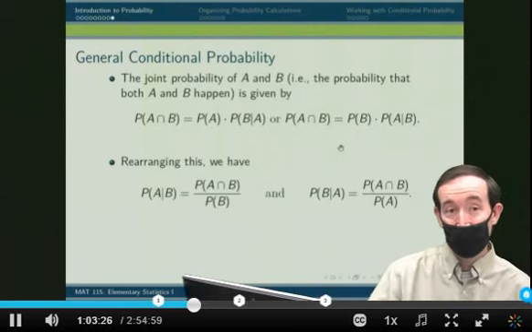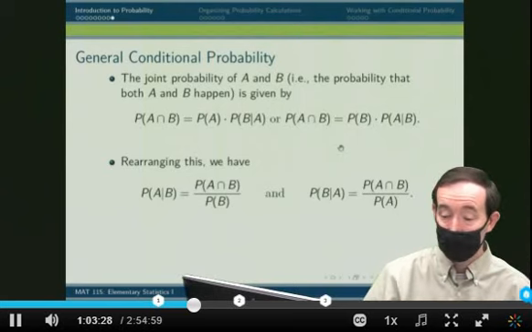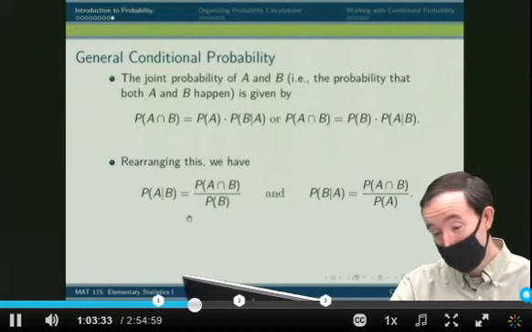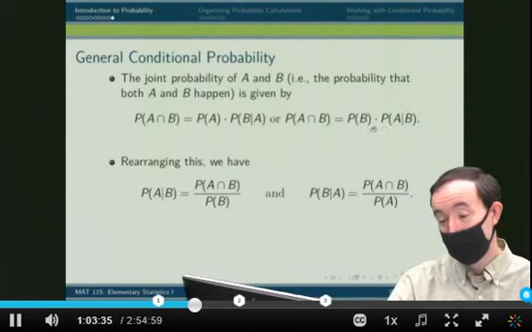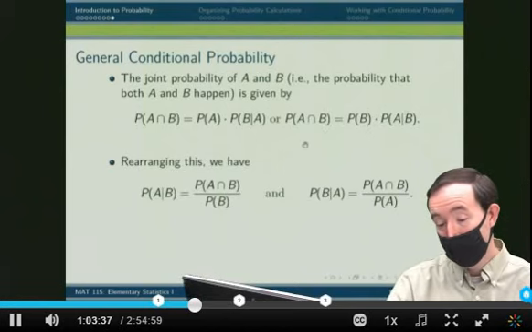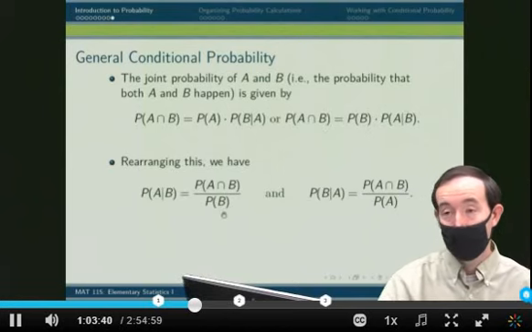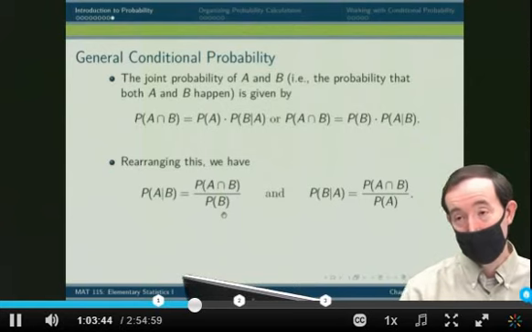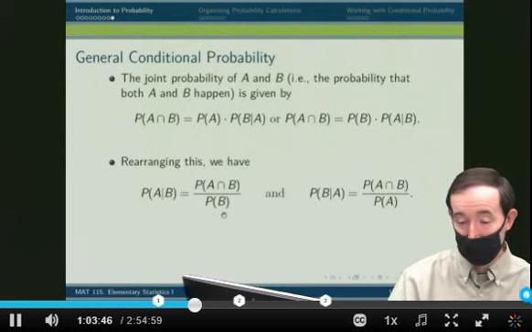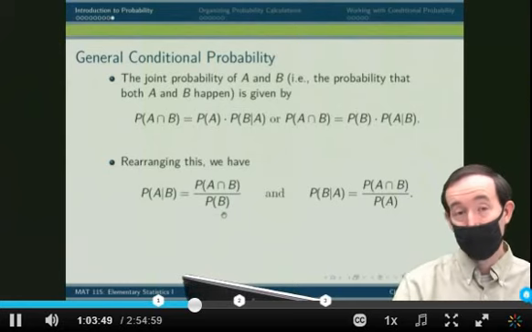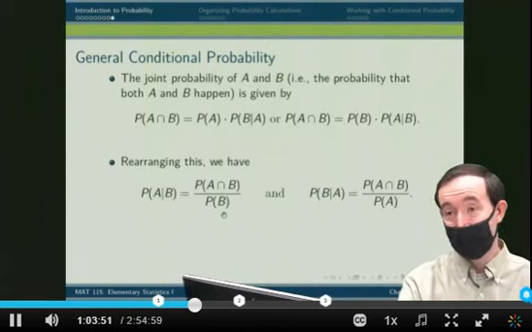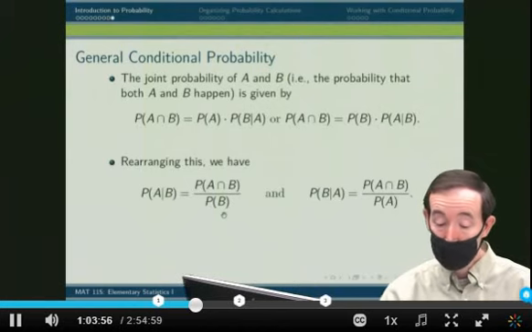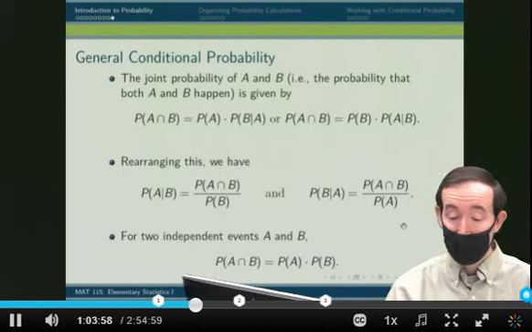I can do the same thing if I want to find P of A given B. I take this equation and divide both sides by P of B. The result is this equation. So this is the formula that we will use to define conditional probability. We're going to check all of these in just a moment with the example we just did by hand, just so we can see how they play out. Okay.